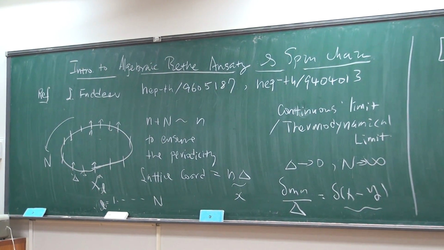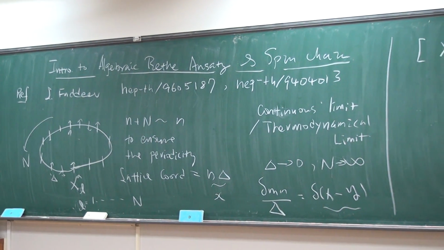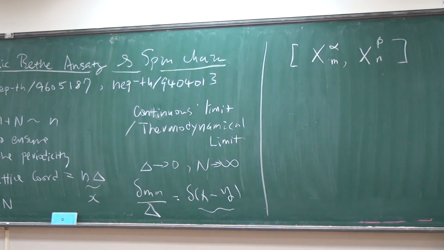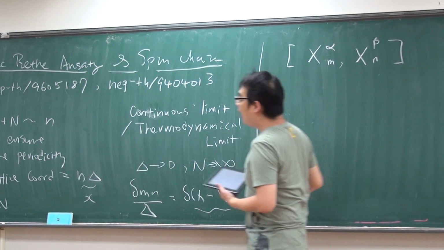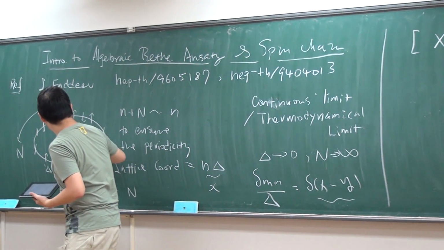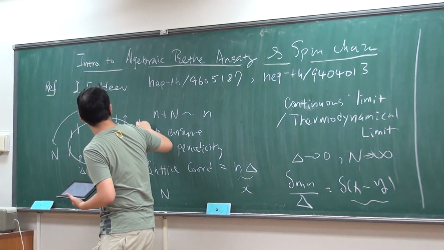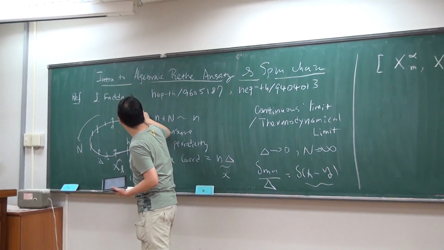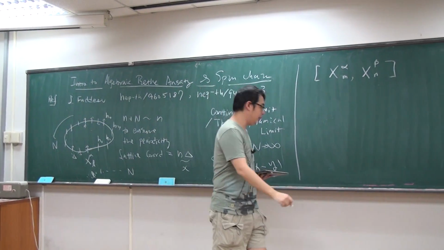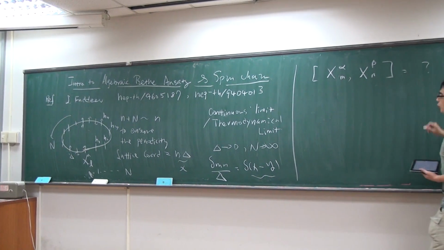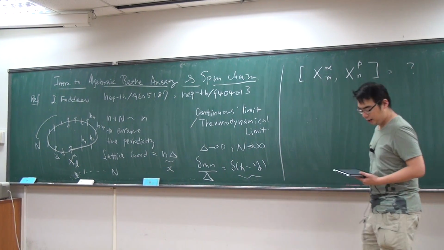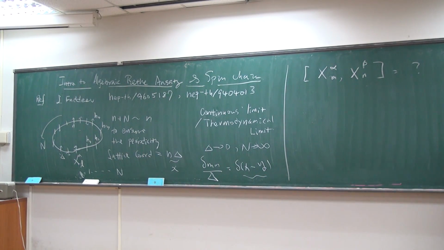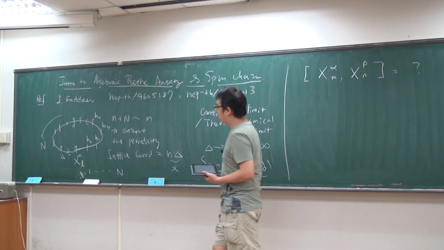In fact, I think for all the operators we'll be studying in this lecture, X alpha m can be represented as some kind of matrix, and they will be acting on the Hilbert space. Well, basically, you can view it just as a vector space sitting at each lattice site. Okay, so we'll be studying what those actually are, and from those we're trying to solve the eigenvalues of different operators.